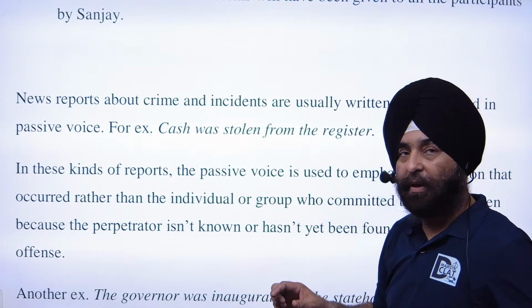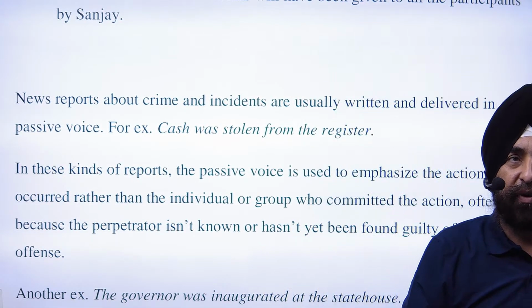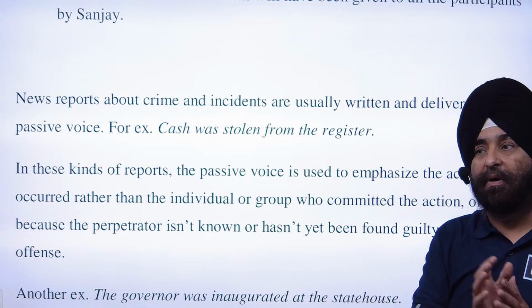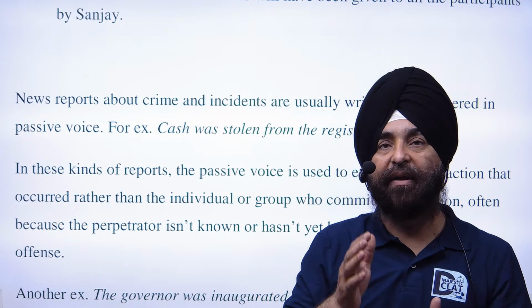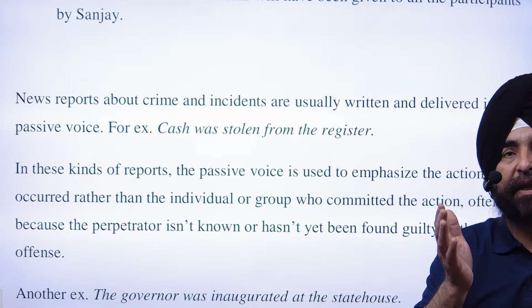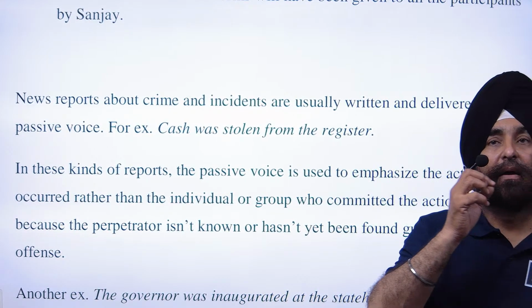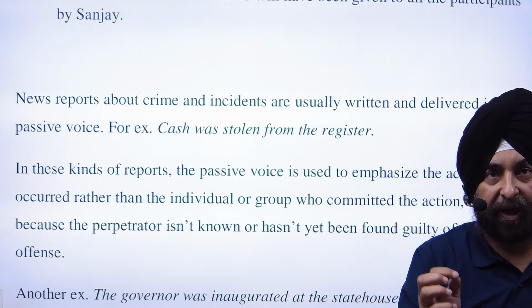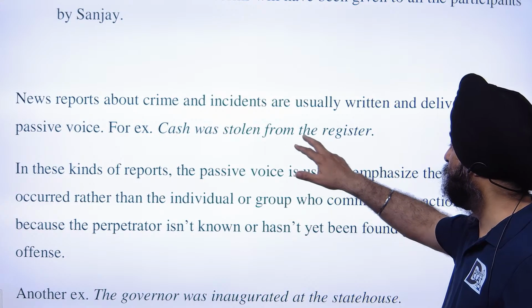Now see, we all read some reports, we listen to reports. News reports, say when you are talking about incidents of crime, you would usually find that they are written in the passive voice. Why? Because things are unsure over there. Let's take this example. Cash was stolen from the register.